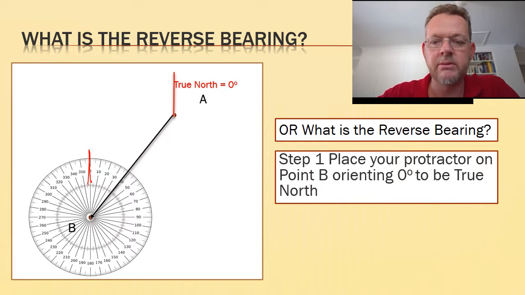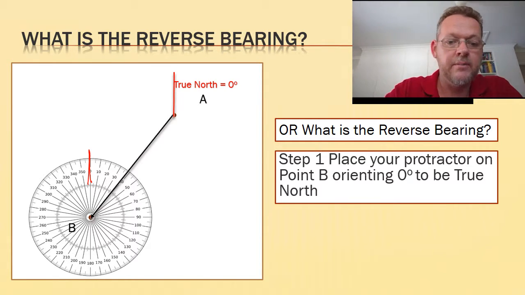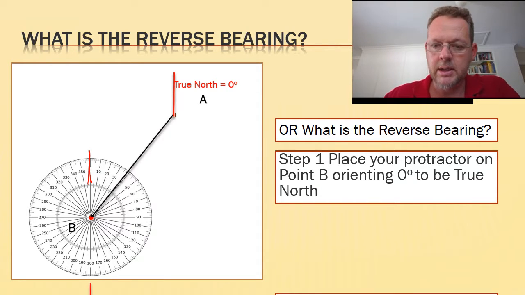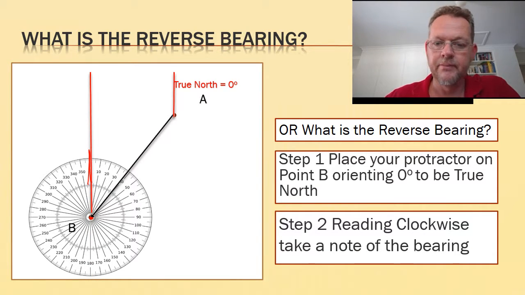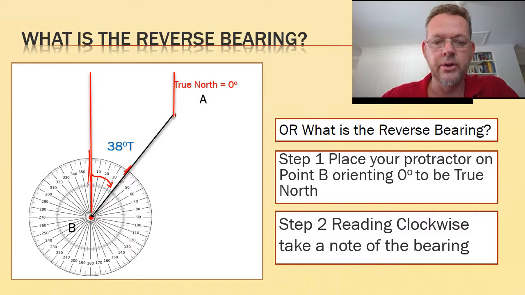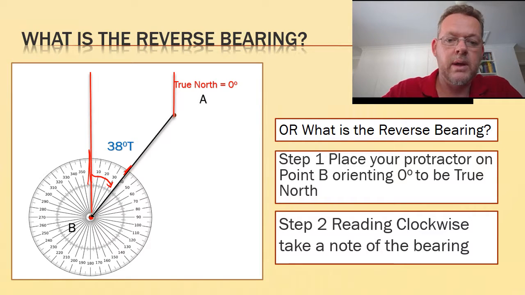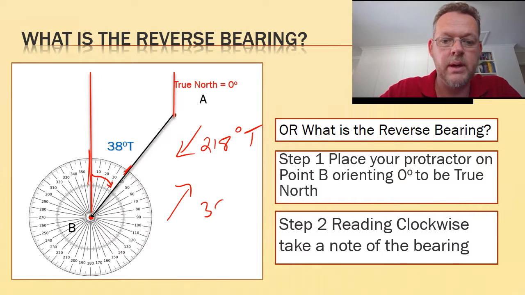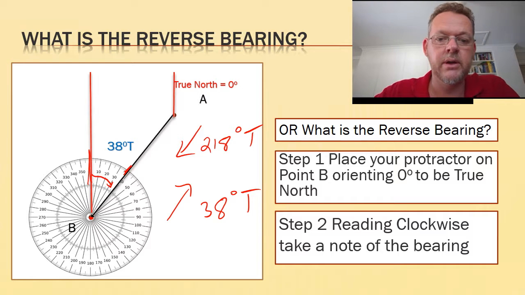So I've aligned my zero with true north, and I have placed the center of my protractor on point B, and now I'm going to read clockwise from here to here, and that line intersects about there, and that looks like 38 degrees. So this way is 218 degrees true, but going back this way, 38 degrees true.